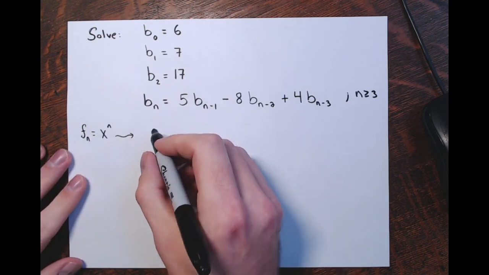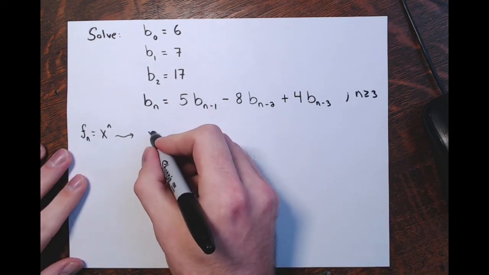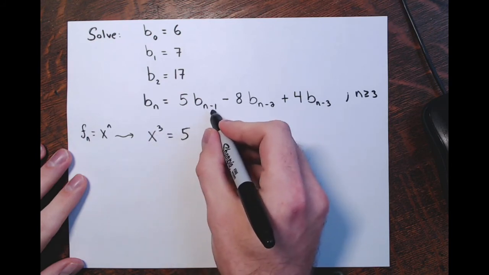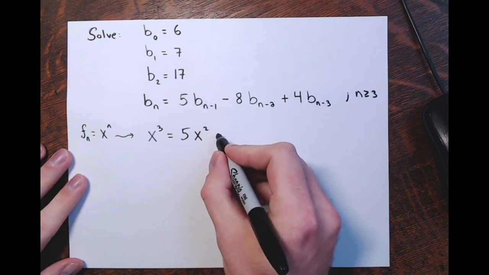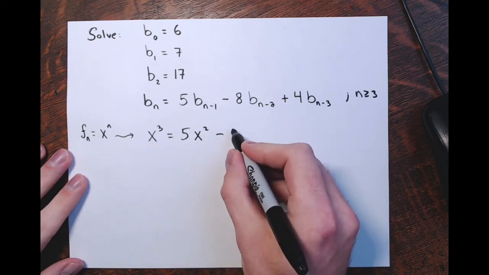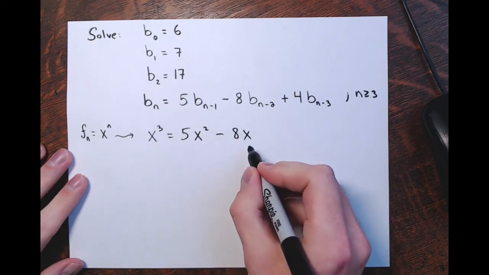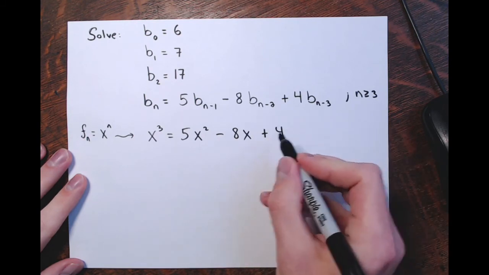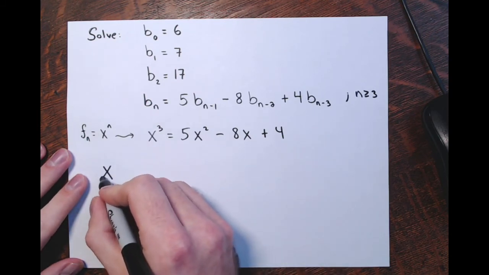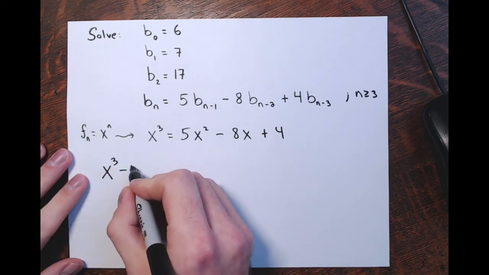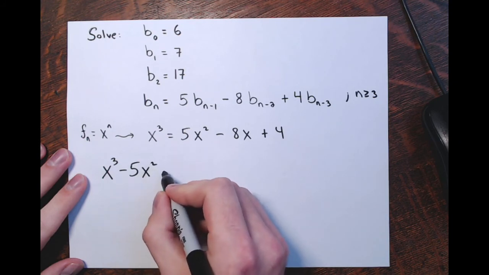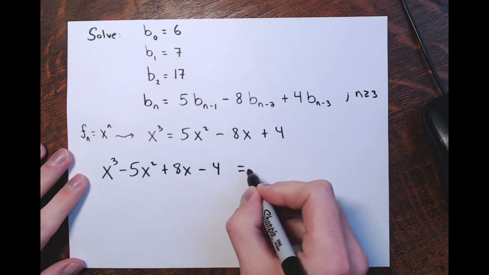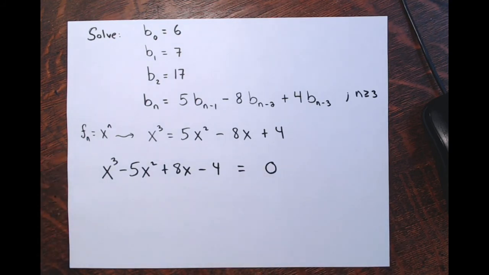Now this one will eventually end up just being x cubed, and then this will be the x squared term, 1 degree less, right? 5 times x squared, minus this will be 2 degrees less, so 8 times x, and this will be the constant term with the n minus 3 here, plus 4, and then taking everything to one side, here is our characteristic equation, x cubed minus 5x squared plus 8x minus 4 equals 0.